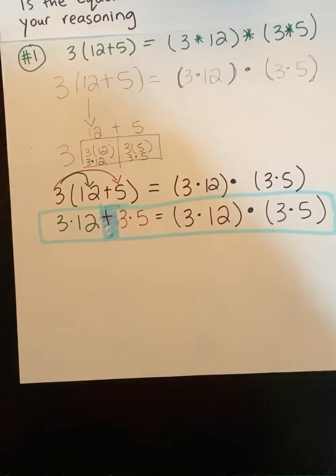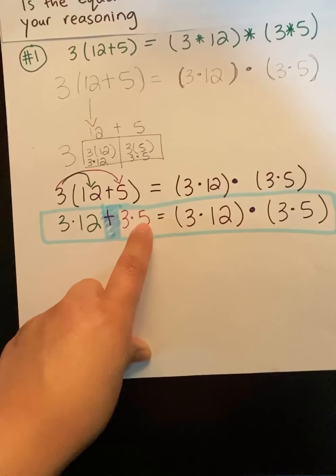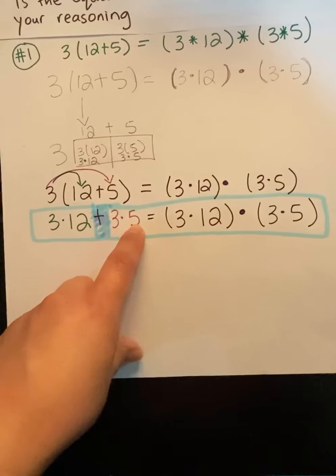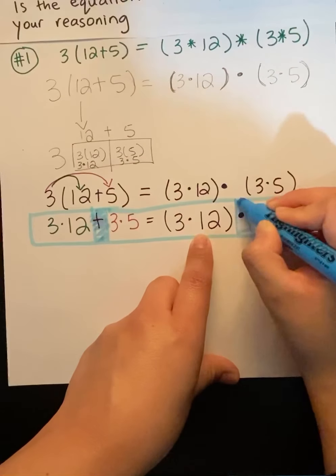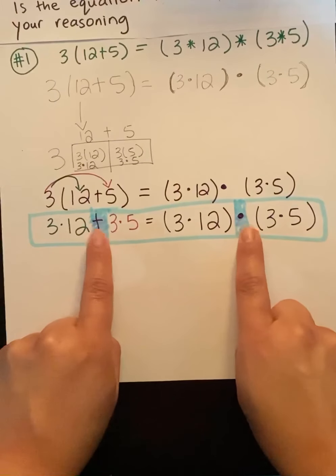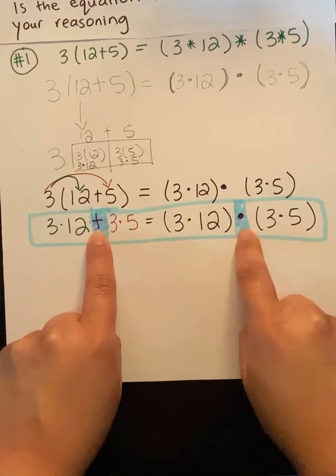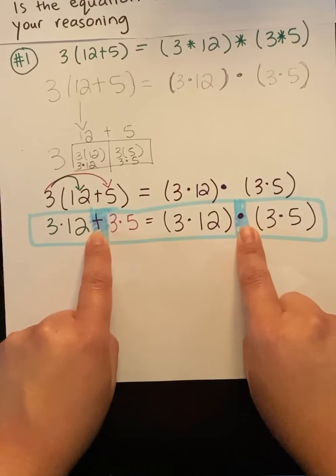I'm adding 3 times 12 plus 3 times 5. On the right side, I am multiplying.